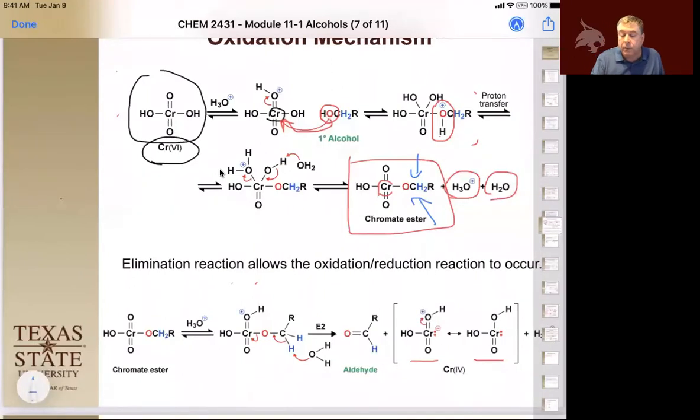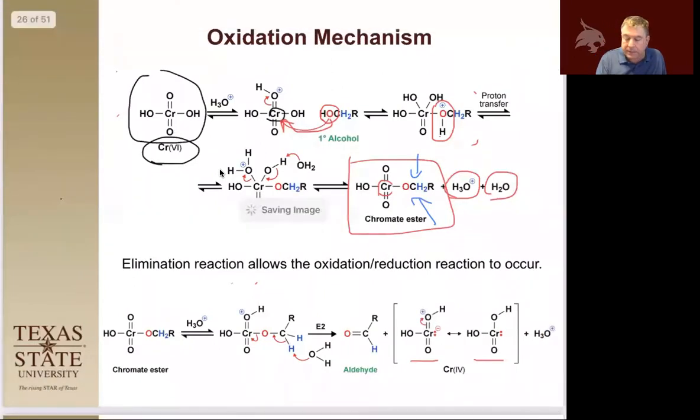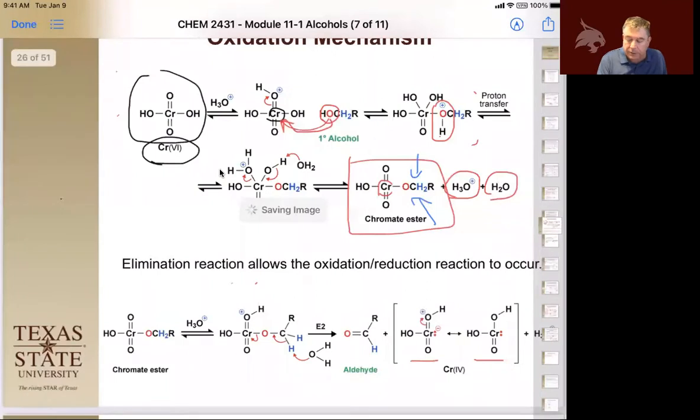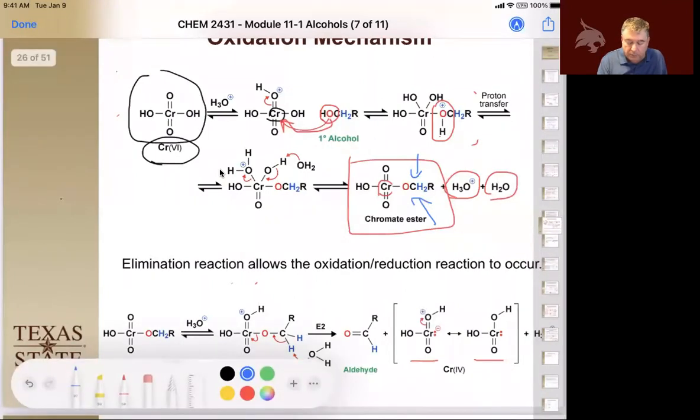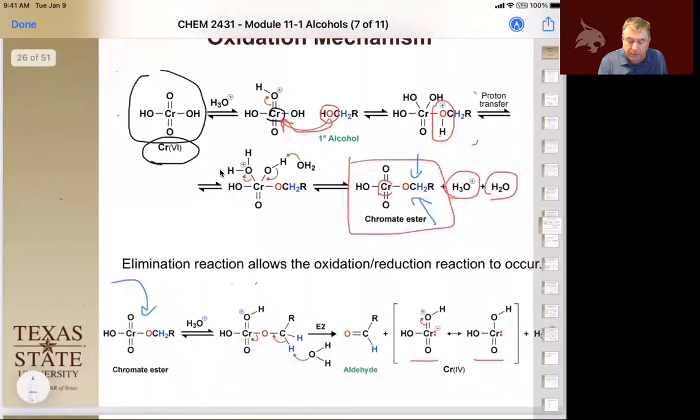Okay, so let's look at what happens next. Those hydrogens play a critical role in what's going to happen next, because if we take our acid and protonate the carbonyl on that chromium oxygen double bond, we have now created a new electrophilic chromium.